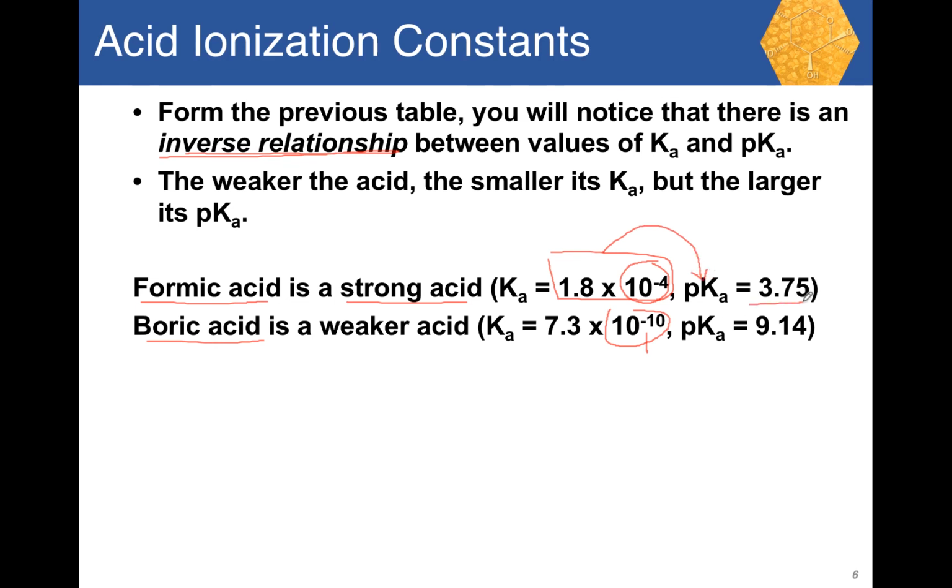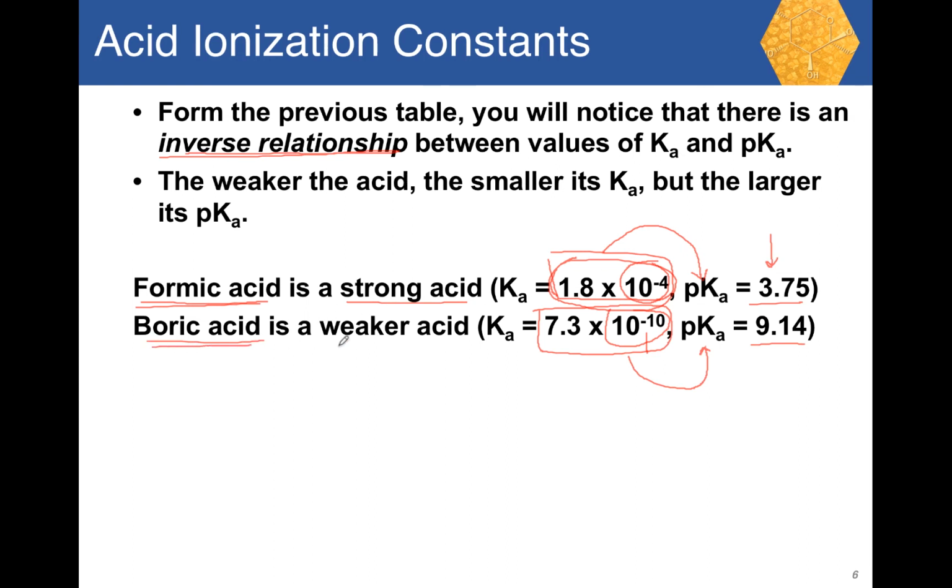You should get 3.75. Put this number in your calculator, 7.3 times 10 to the negative 10, and convert it to pKa using the equation pKa is equal to the negative log of Ka. You should get 9.74. Conclusion: formic acid is a stronger acid because it has a larger Ka and it has a smaller pKa.